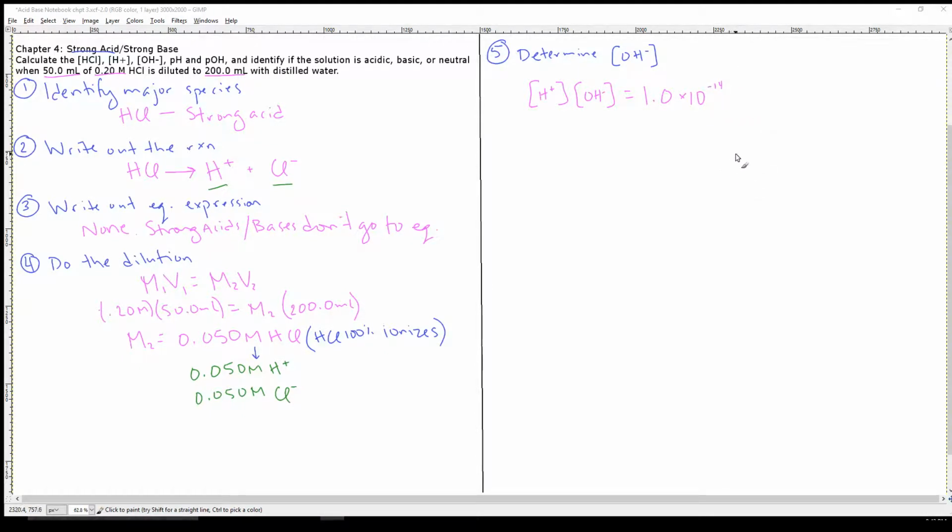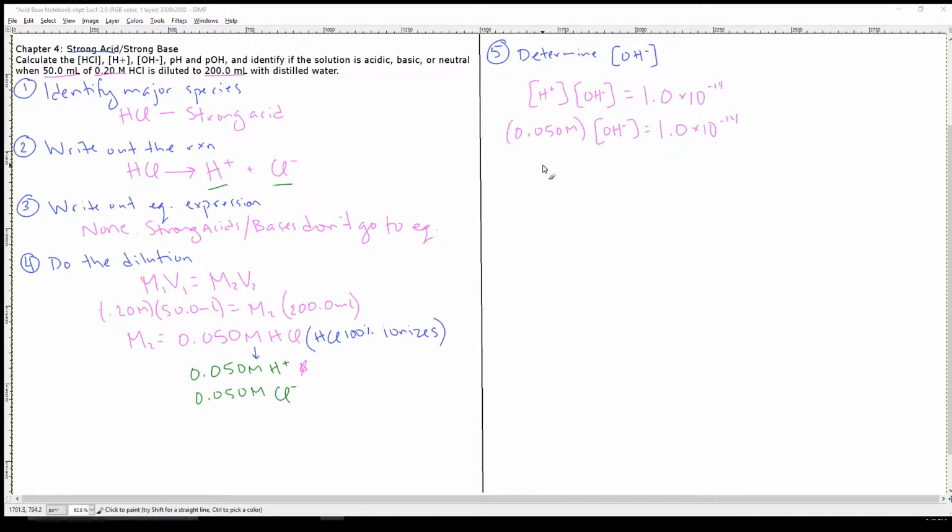This is a tool you can use in basically every problem you ever do. So we know the concentration of hydrogen ions from over here. I'm going to plug that in to my problem. 0.050 molarity times my concentration of hydroxide is equal to 1.0 times 10 to the negative 14.